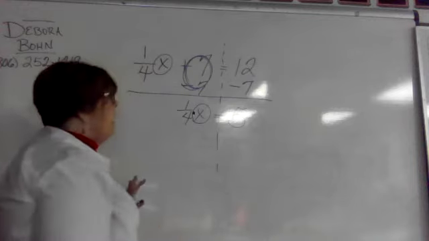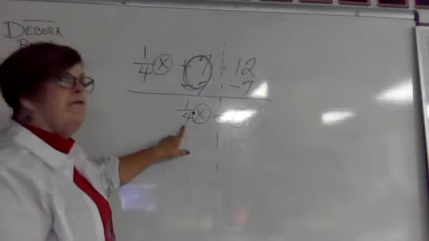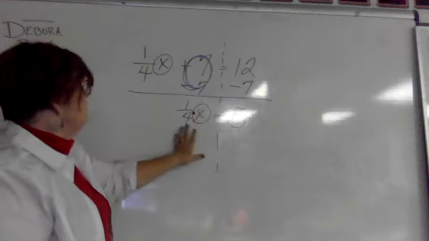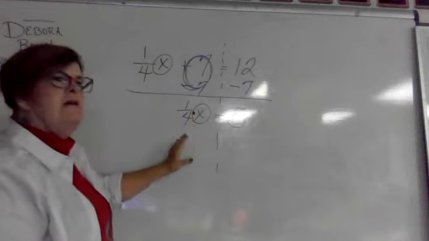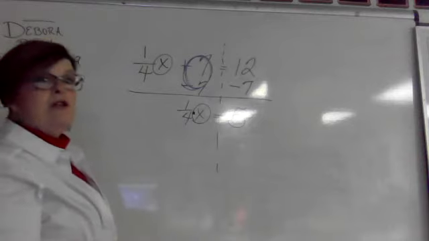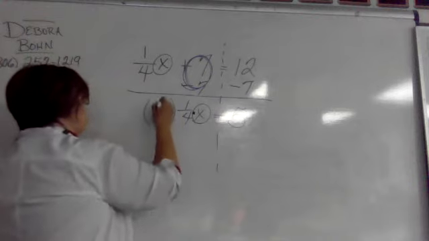Okay, so now we're going to look at this, and we want the x by itself, so we know we have to get rid of the 1/4. Now what we've done in the past, if it's times, I'm going to divide by 1/4, but we found out dividing by fractions is kind of a pain. So when we're dealing with fractions, let's just multiply by the reciprocal. Just makes it easier.